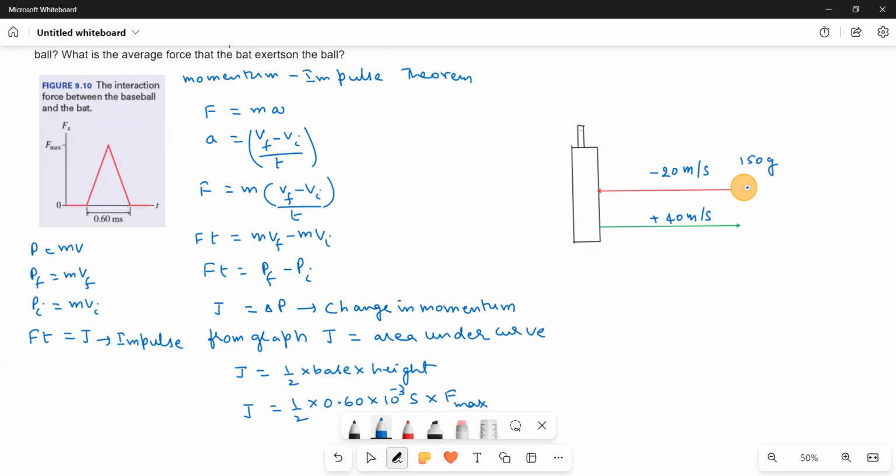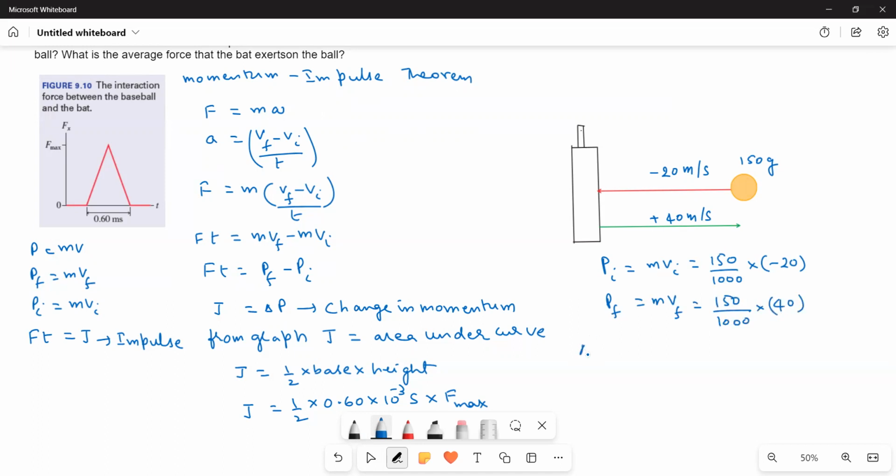Now using the data, we will find out the change in momentum. So Pi is equal to m into Vi, that is 150 grams, which means 150 divided by 1000, into Vi, which is minus 20. And Pf is equal to mVf, which is 150 divided by 1000 into 40.